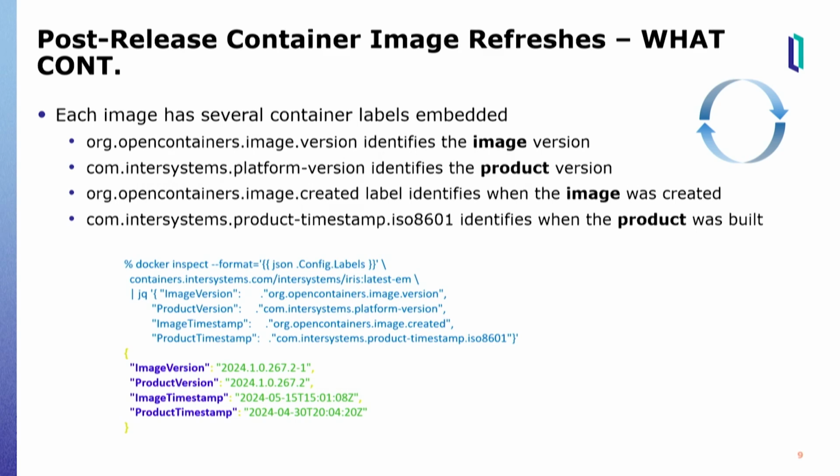If you look at the image version here, you'll see that there's a -1 at the end. That tells me that this is the first respin or refresh of this exact image. From both the image version and the product version, you can see that it's the IRIS 24.1 release that we released a while ago. The image timestamp tells me that this specific image was built on May 15th, but installed with the product that was built on April 30th.